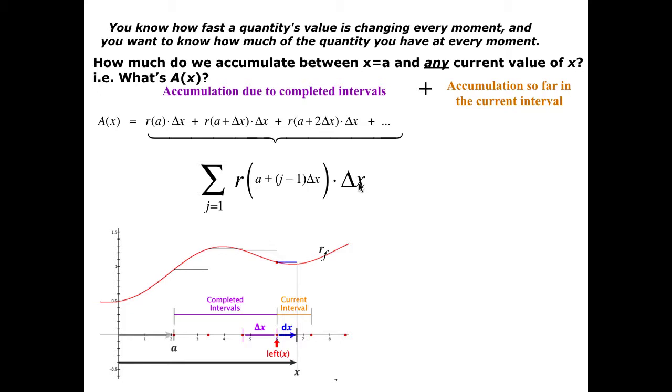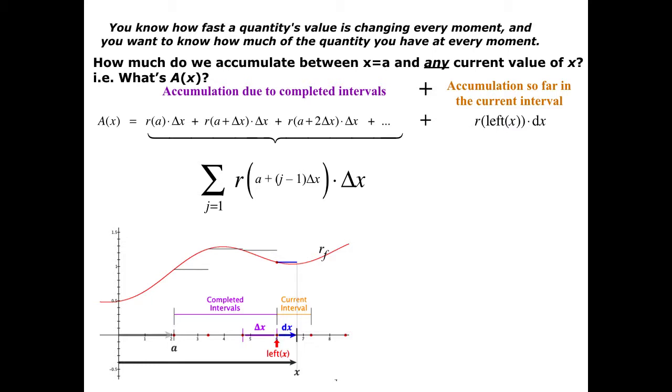When I'm interested in finding a particular x value, I need to know how many complete intervals I have, and then what's the final interval, how long do I use that for? The final being this, as x is changing, the current interval. So for my current interval, instead of a plus something or another, I can use the shortcut left of x, because left of x means the left end of the current interval.